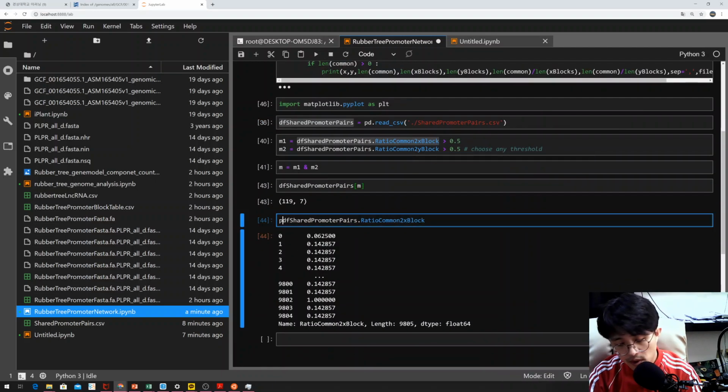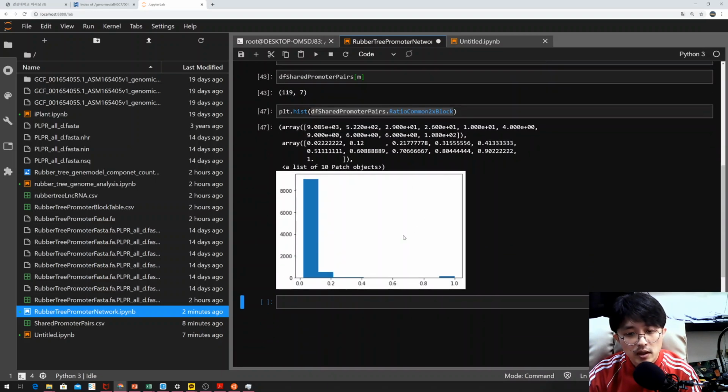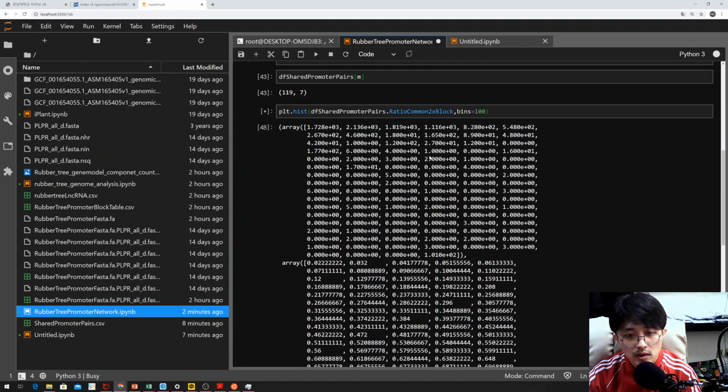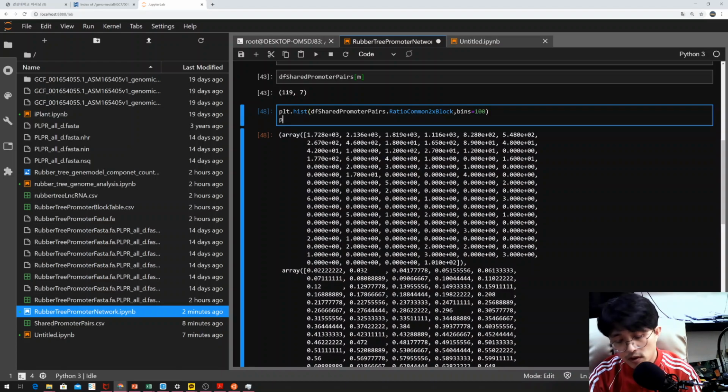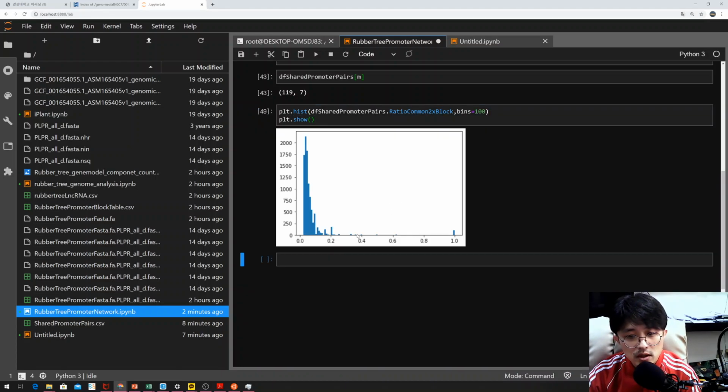And plt.hist will show you the distribution. So you can see the distribution. Bins 100. I want to see 100 bins. Show. Then you can see, okay, the majority of our data resides here. So this is kind of a scale-free distribution, right?